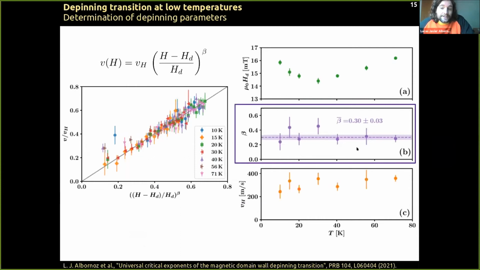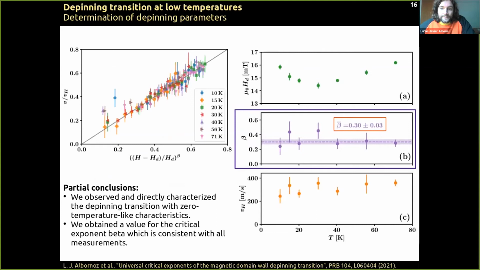As it is a universal critical exponent, we expect to have a unique value, and then we compute a mean value which is consistent with all the obtained values.